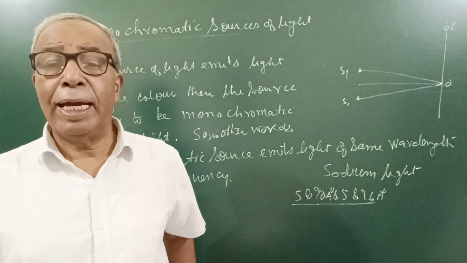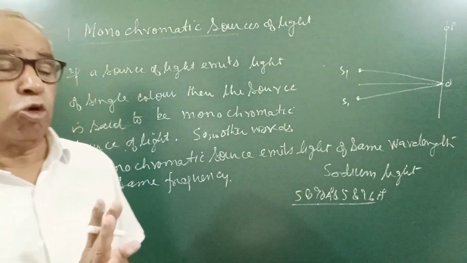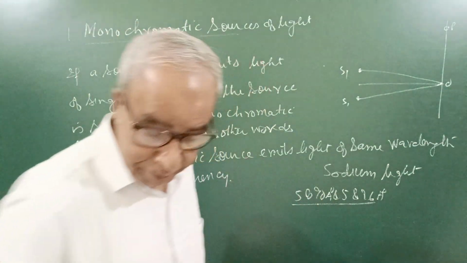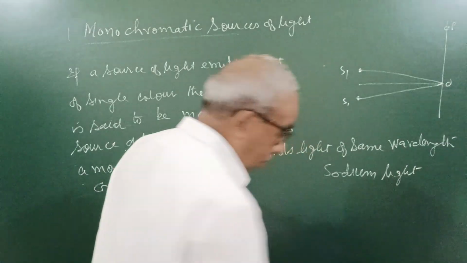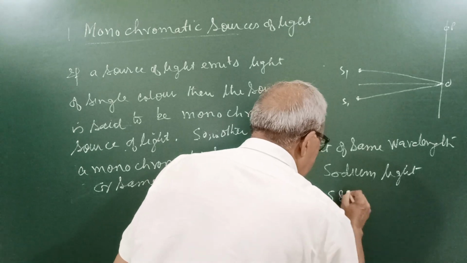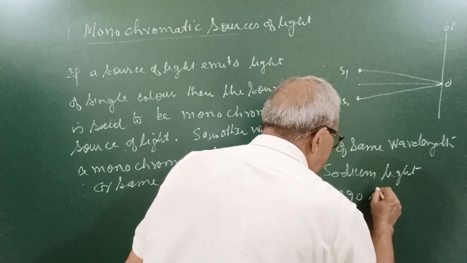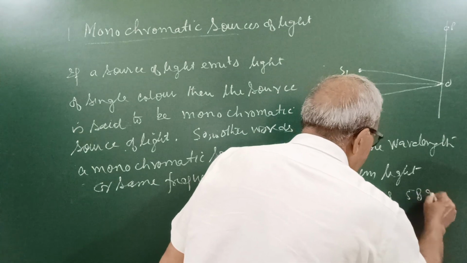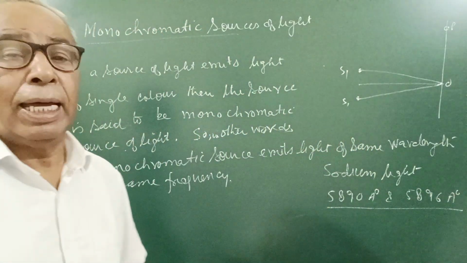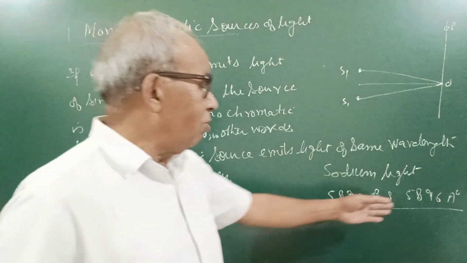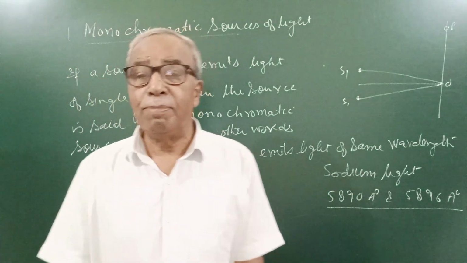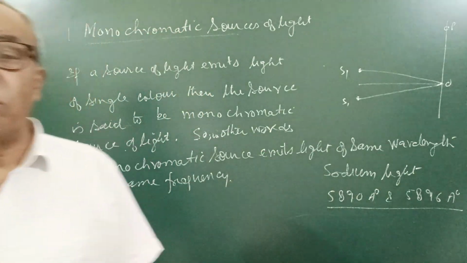So sodium light is not exactly monochromatic, but because the wavelength difference is small, sodium light emits wavelengths 5890 angstrom and 5896 angstrom, and the yellow color is supposed to be an average yellow color, or sometimes we take the average wavelength 6000. So a monochromatic source of light means a source which emits light of the same color.